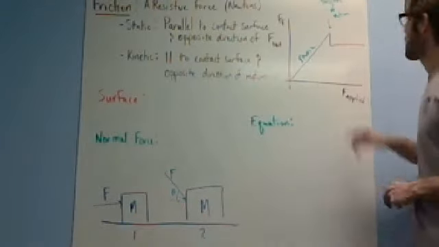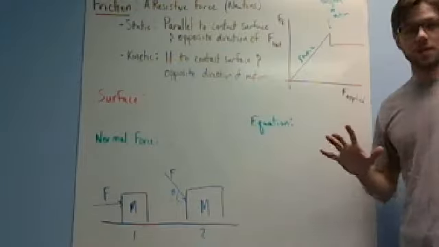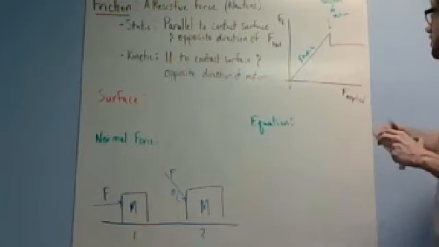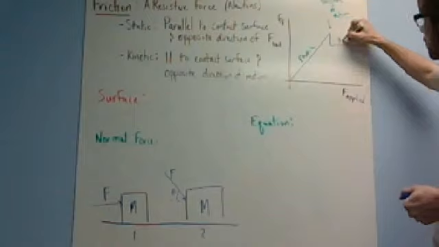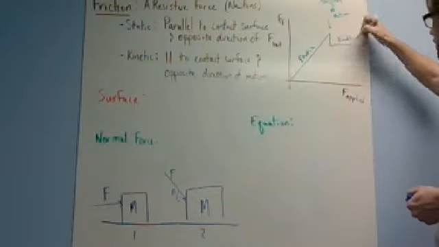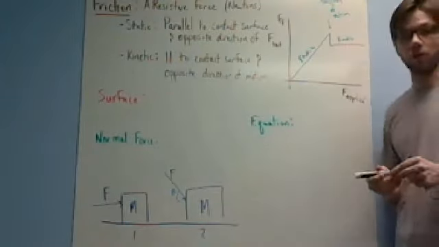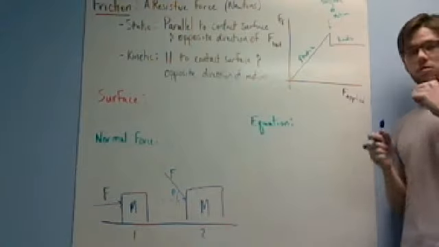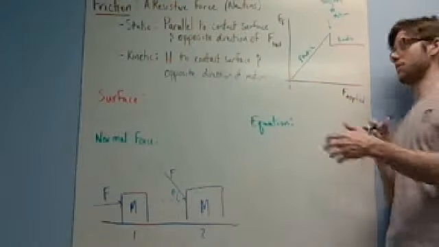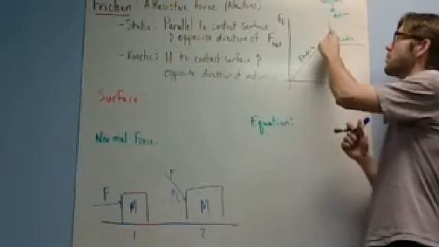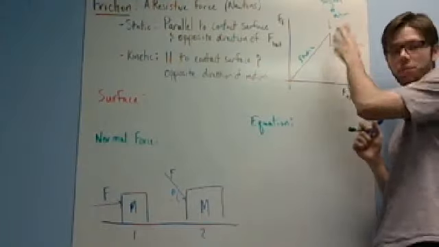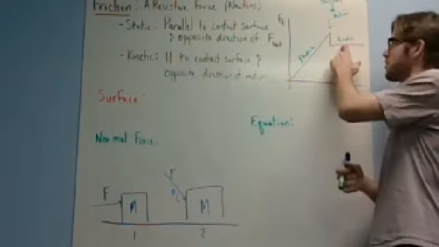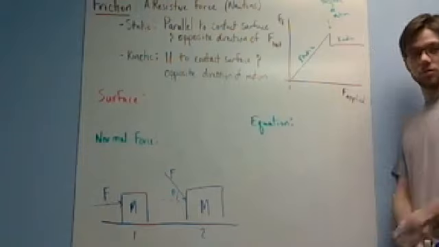That's the region where the object starts to move, and it experiences kinetic friction. One thing you'll notice about kinetic friction is that it is the same value all the way through. So the two key things to keep in mind here are that the static frictional force can be greater, up to its maximum value, and that maximum is greater than the kinetic friction that occurs after the object starts to move.